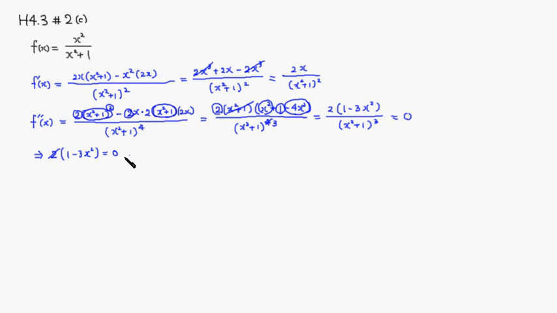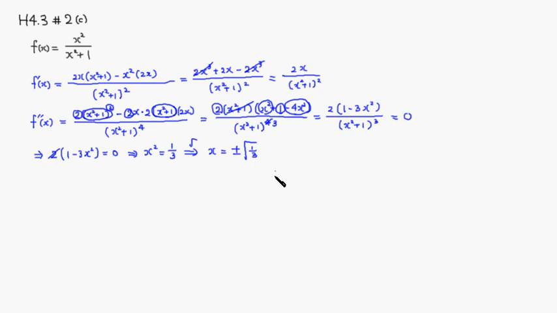So x squared has to be 1/3. Take the square root of both sides, so x is equal to plus or minus square root of 1/3.